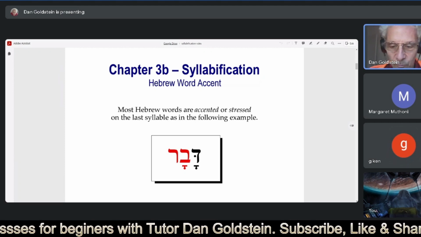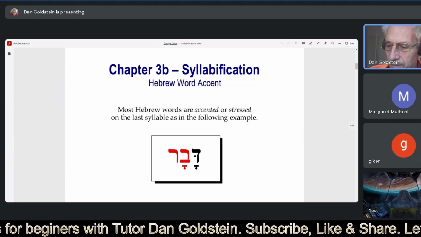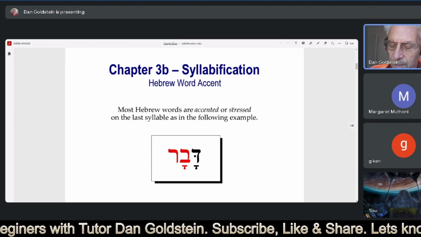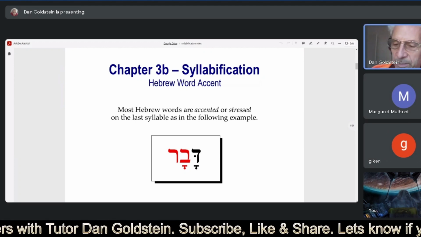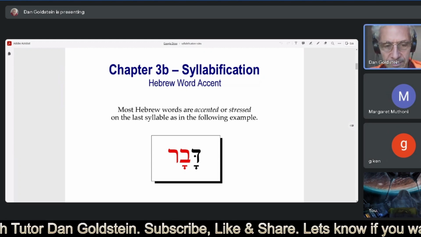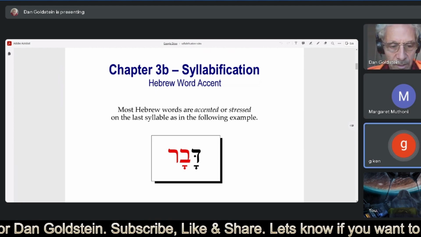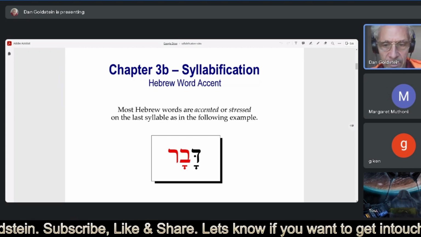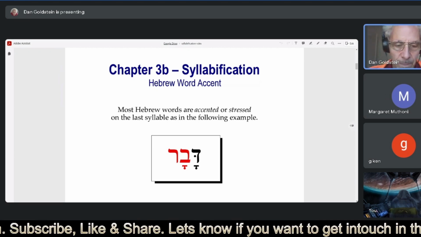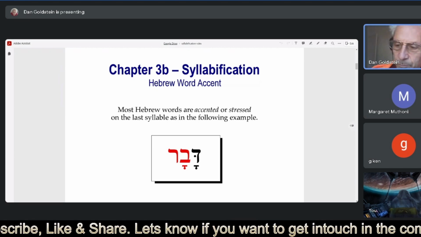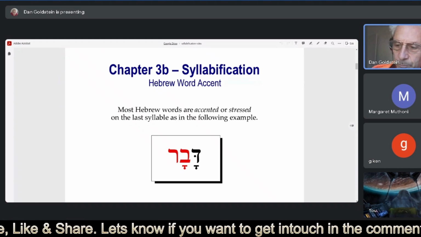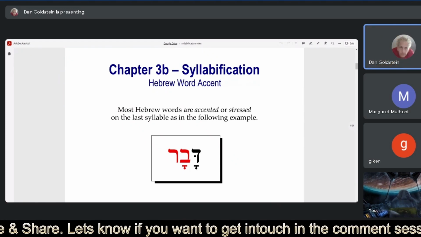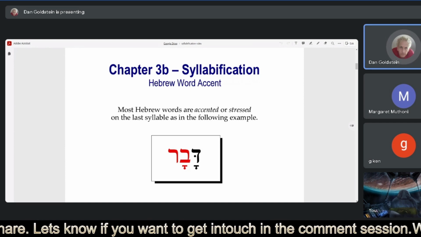We're taking a look at how we break words into syllables, Gideon. We have the word davar in front of us, and this is a two-syllable word. It breaks up into da and var. You can see the da is in black and the var is in red.